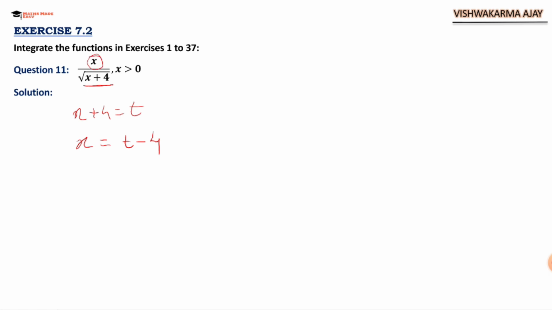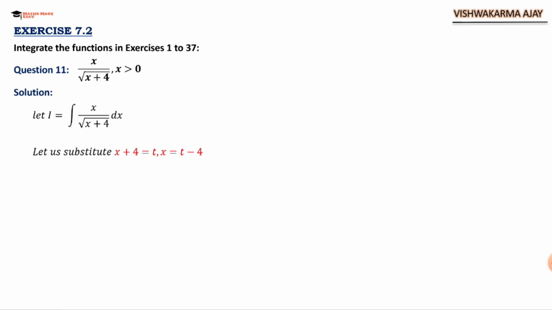This x will be replaced by t minus 4 and x plus 4 will be replaced by t. At the same time, dx is equal to dt, by taking the derivative of this term.